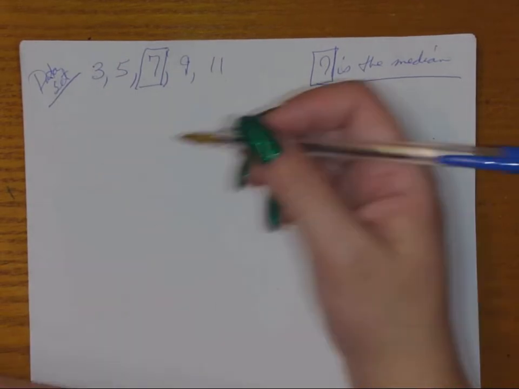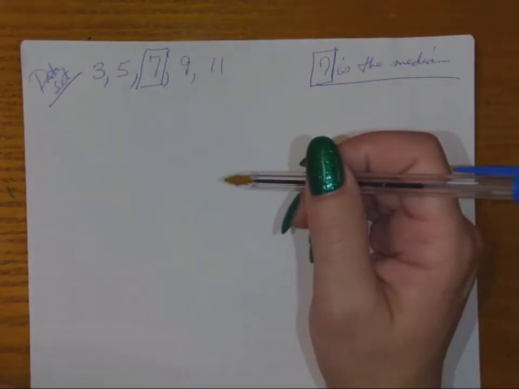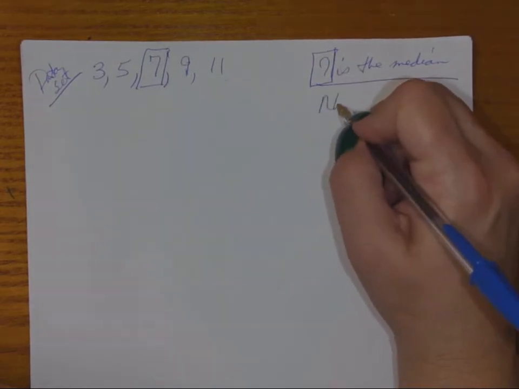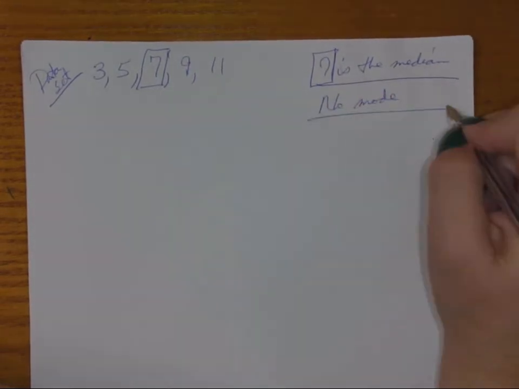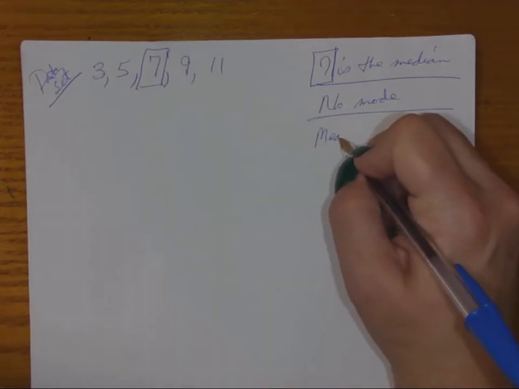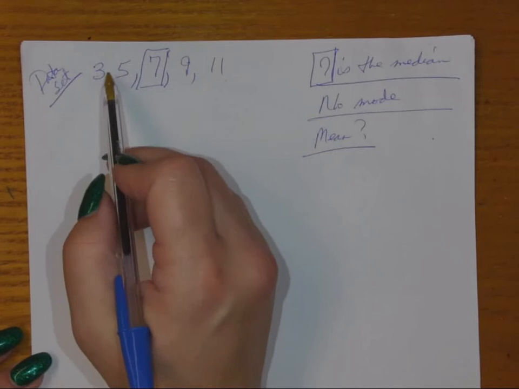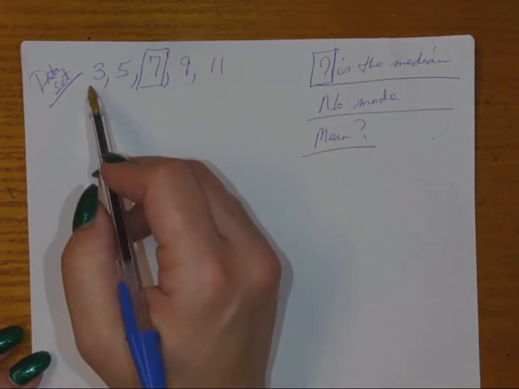Okay, cool. The mode, there actually isn't a mode here. I don't have anything repeating, so I will just say no mode. Okay, because I don't have 5 different modes here, right? They're all the same number and they only occur once. But what about the mean, average? Well, I made these very specific so I could cheat a little bit.